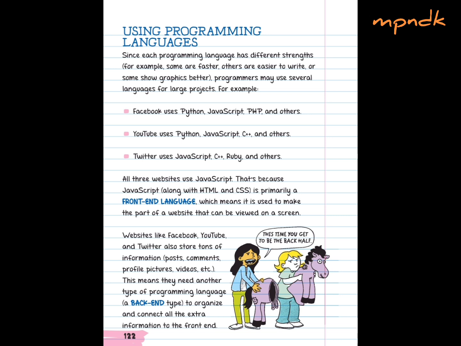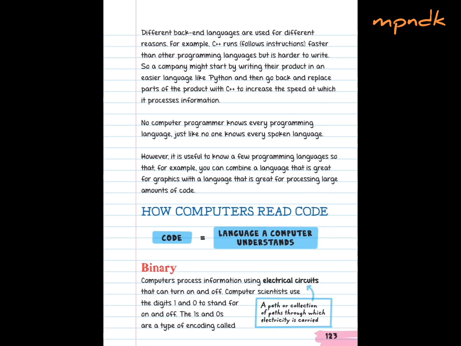Websites like Facebook, YouTube, and Twitter also store tons of information: posts, comments, profile pictures, videos, etc. This means they need another type of programming language, a backend type, to organize and connect all the extra information to the front end. Different backend languages are used for different reasons.